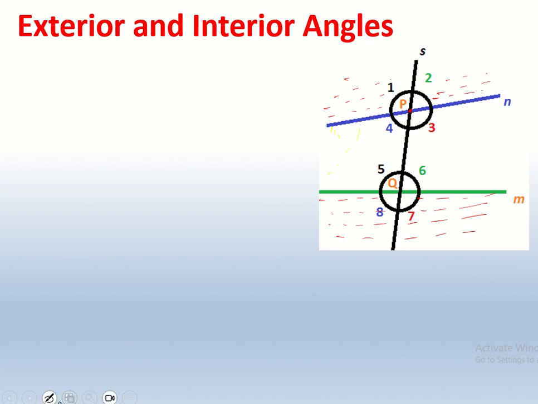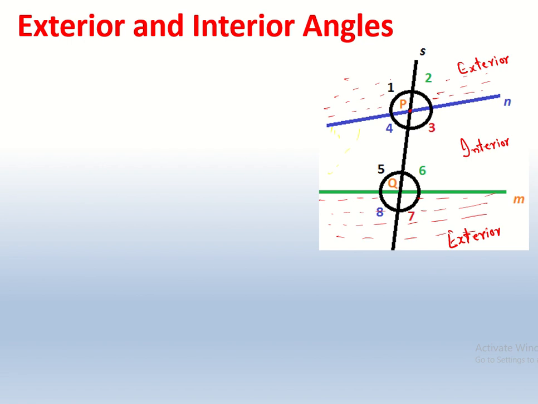The region between the two lines is interior, and the region outside the lines is exterior. Before coming to the pairs of angles formed with the transversal, we will see the exterior angles and the interior angles.